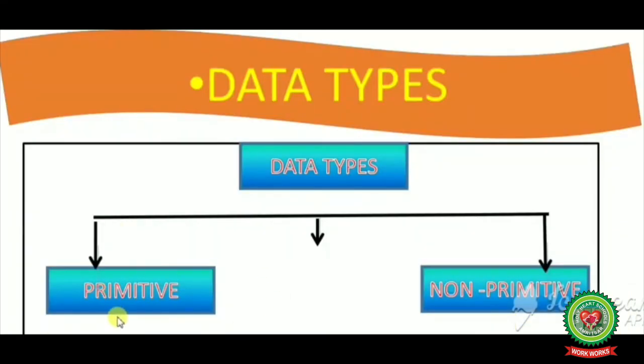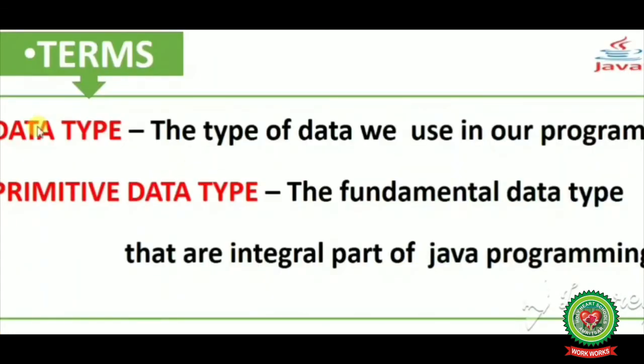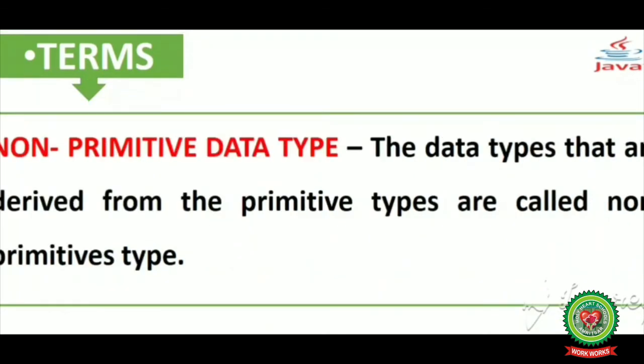So students, today we have discussed the different types of data types, that is primitive and non-primitive, and also the different types of primitive data types, that is integer type, floating type, character type and Boolean type. We have also discussed the definition of data type, primitive data type and non-primitive data type.